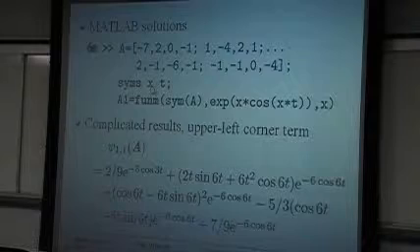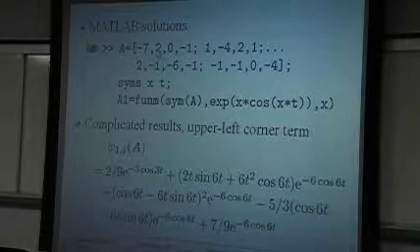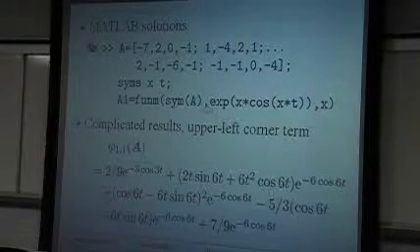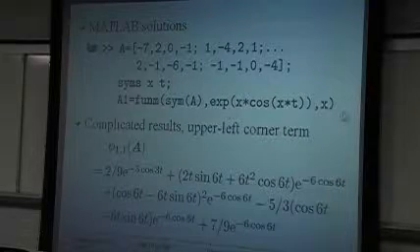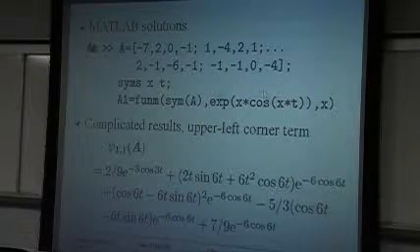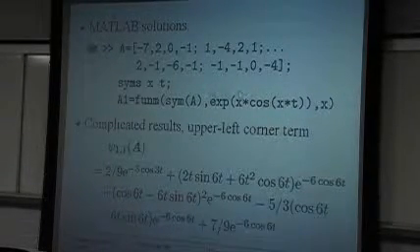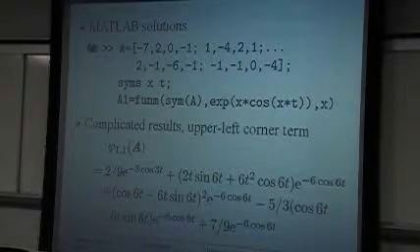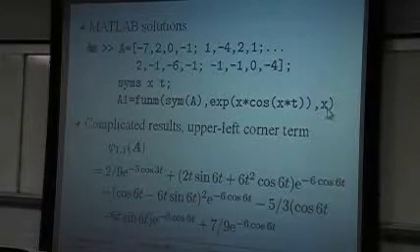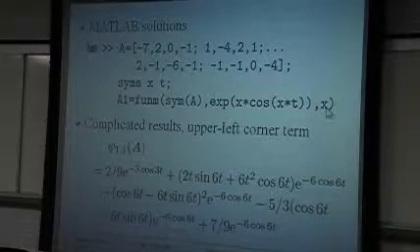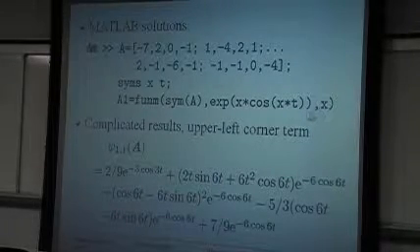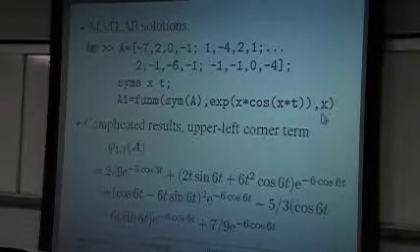Declare X and T as symbolic variables and enter the A matrix. Then we can use this function and this part to describe the matrix function in a simple way, where X is an independent variable, and finally, we should use A to replace the X variable.